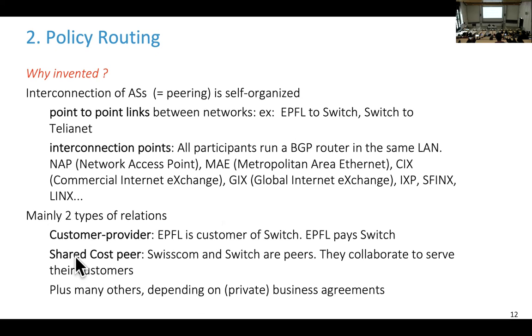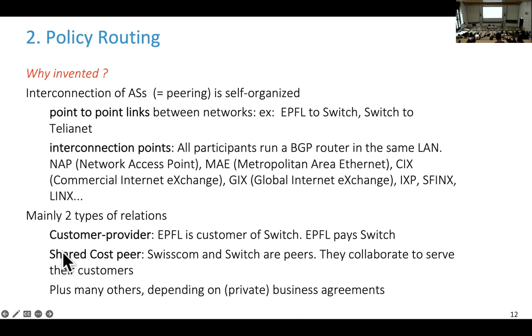Another type of relation is shared cost peer. We have several providers that should collaborate with each other to provide service to their customers. For example, if you are at home connected to Swisscom, you want to be able to connect to a server at EPFL, and that's because Switch and Swisscom collaborate with each other.